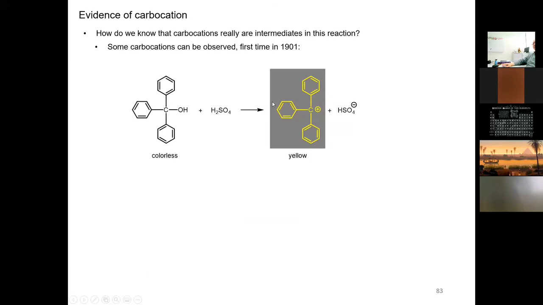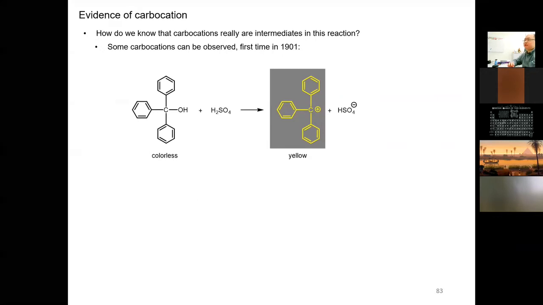So we really focused a lot on the carbocation and its implication in the selectivity of electrophilic addition. But how do we know the carbocations are really intermediates of this reaction? First, we want to make sure that carbocations are real intermediates that the reactions go through.